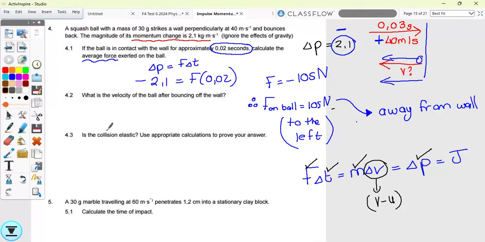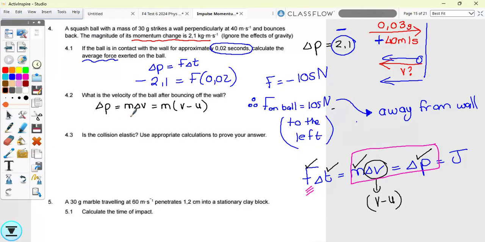And then you just decide on the part of the equation you want to use again. Now I would say use this, even though you've worked out the force, there could be a small mistake in working out the force. So if you can, always use values given in the question. So I would say delta P is equal to M delta V is equal to M times V minus U. Then we can put in our values.